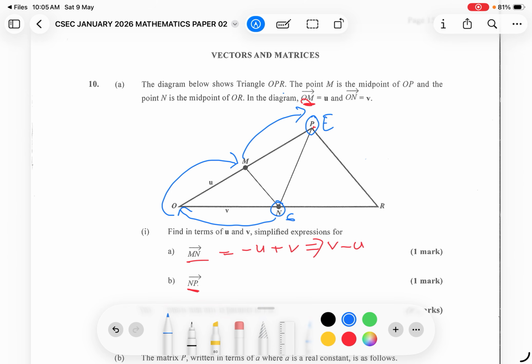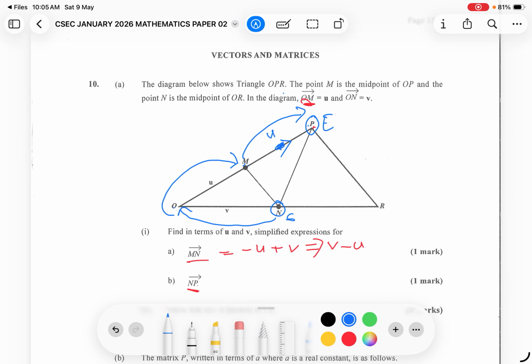Why can I travel on this vector even though it's not defined, this one? They told me that M was the midpoint, which means that from O to M is equal to from M to P. So it means that this is also U. So when I said that something divides something in the middle, it must be equal on both sides.